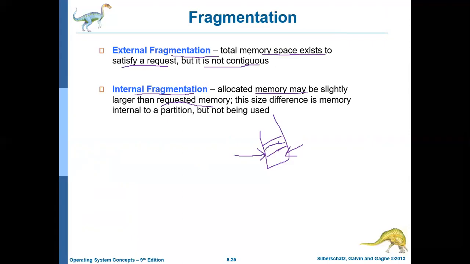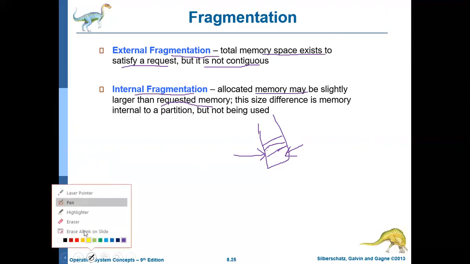If the process requests more, you have to allocate more than one slot, and in the last slot there will be some fragmentation. So basically, internal fragmentation is created by fixed size partitioning, and external fragmentation is created by variable size partitioning.